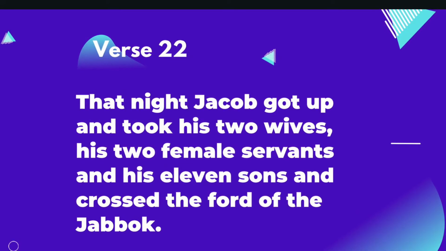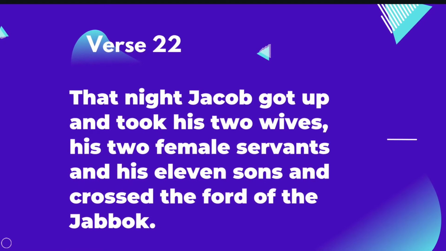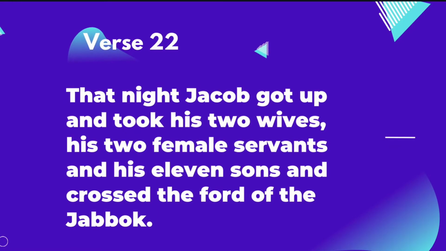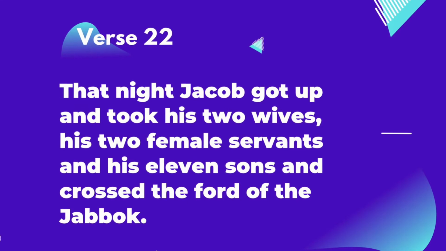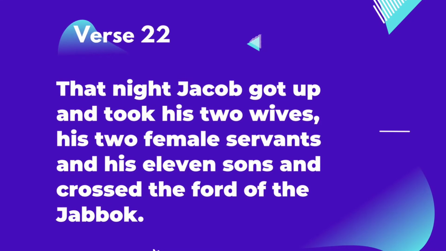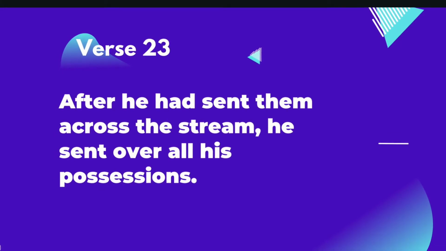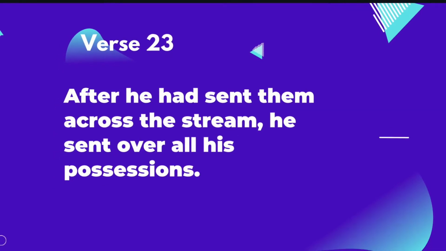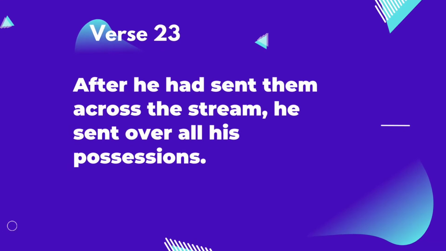Verse 22. That night, Jacob got up and took his 2 wives, his 2 female servants, and his 11 sons, and crossed the ford of the Jabbok. Verse 23. After he had sent them across the stream, he sent over all his possessions.